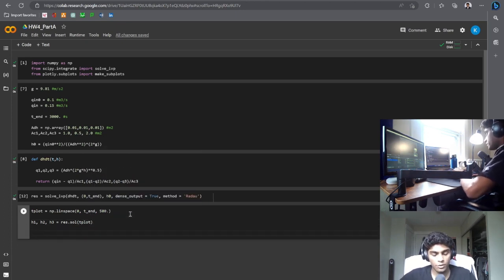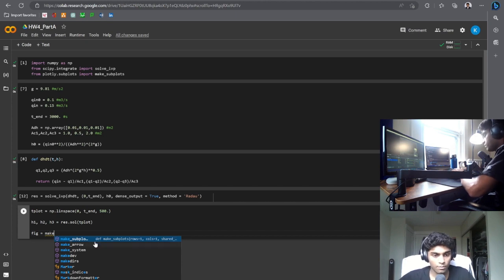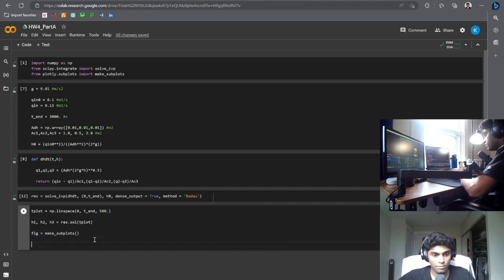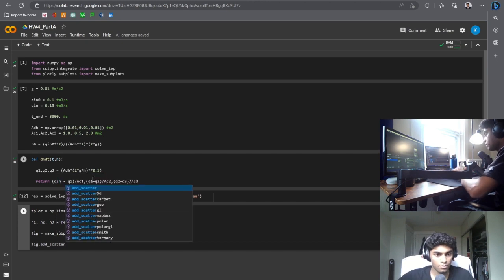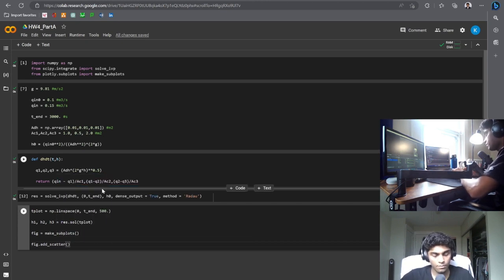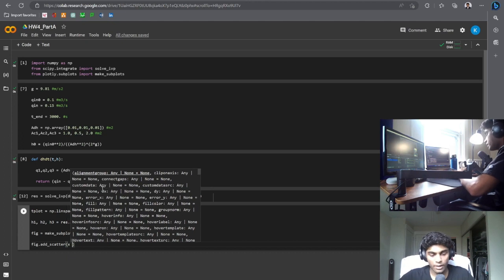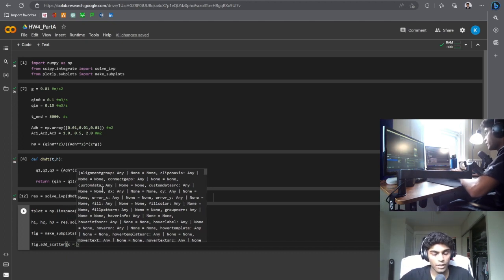Now let's make our scatters. So we're going to go fig equals make subplot. And now we'll go fig.add scatter. Our x is going to be our times, so we'll go t plot.